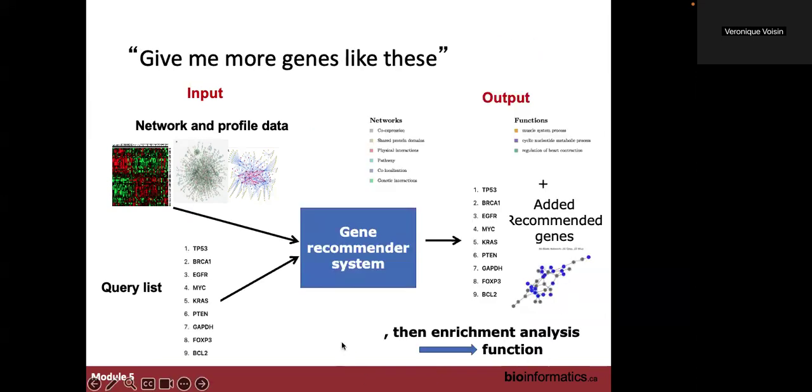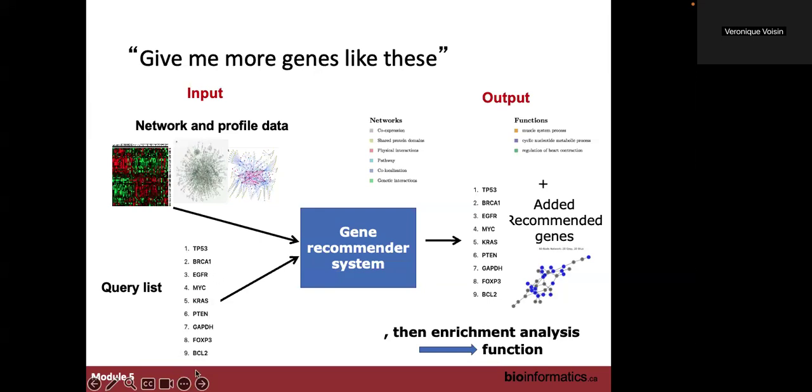But for the second question, give me more genes like this, we include TP53 in a list of other genes. So the gene recommender system is going to first create a functional interaction network with all the genes in the list to understand the functional interaction networks that are important for the other genes in the list, to provide a context.